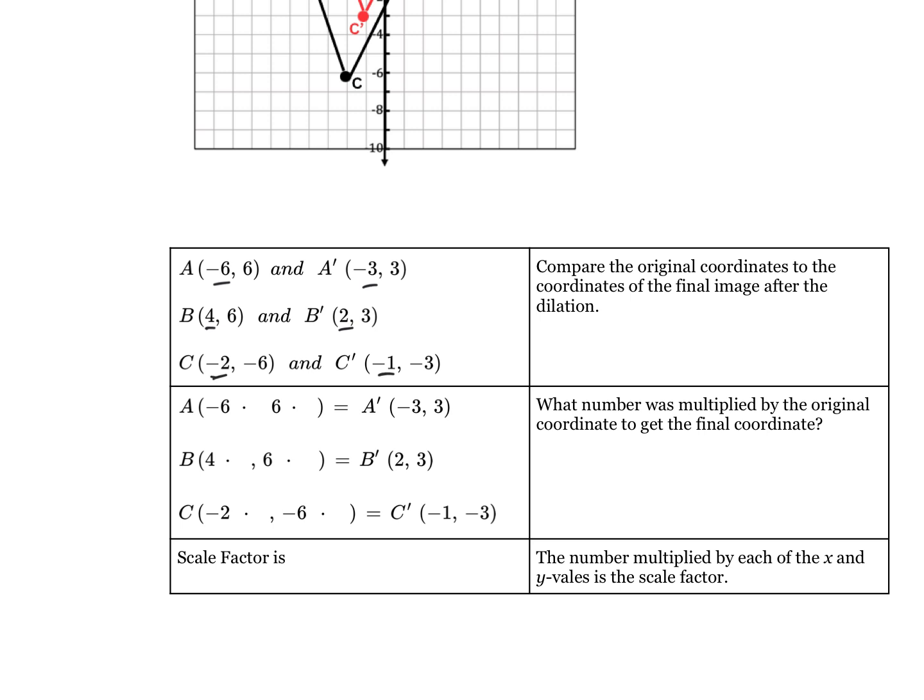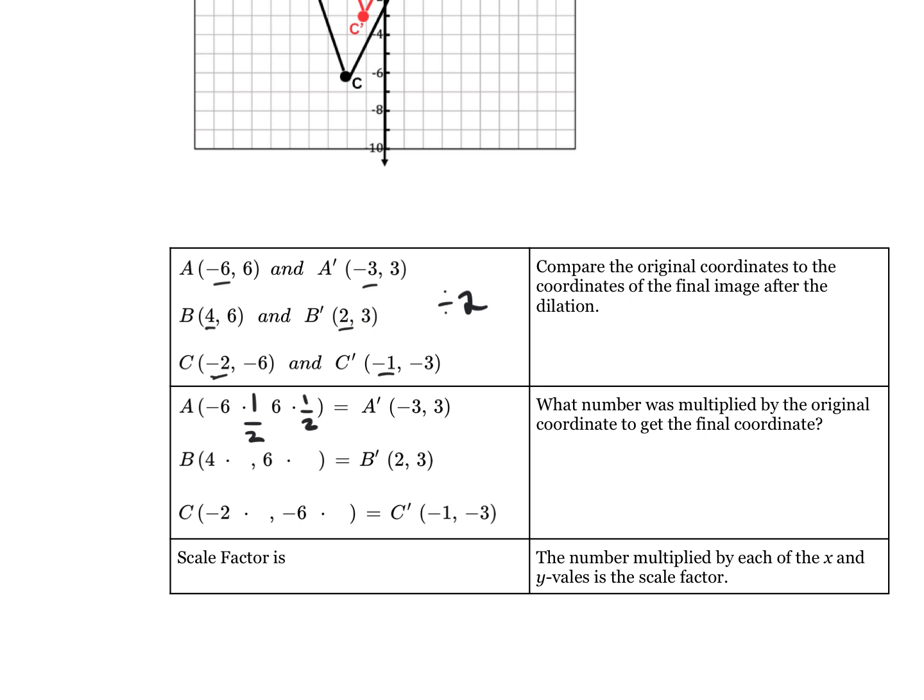And again, it's always multiplying. So anytime we have a reduction, we know that we're dividing by 2. But remember, we can rewrite that as multiplying by 1/2.